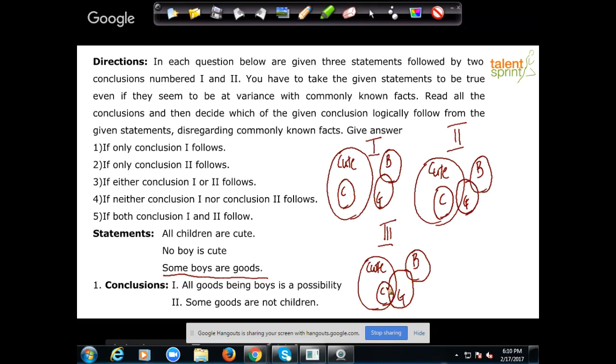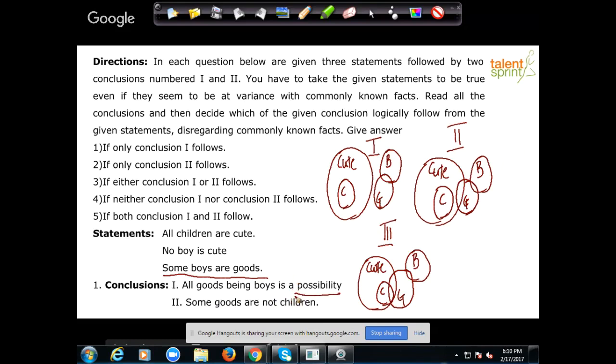Now, let us look at what our conclusion says. Conclusion 1 says all goods being boys is a possibility. Now, I request all of you to notice the usage of the word possibility here. They don't tell us that all goods are boys.